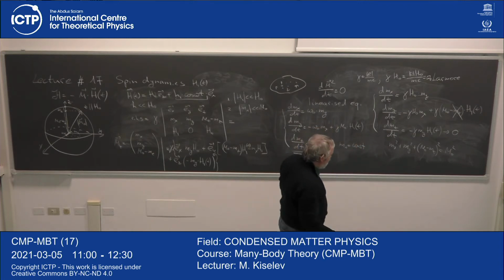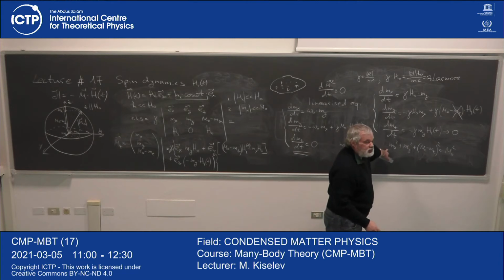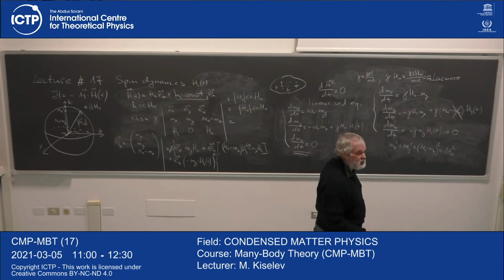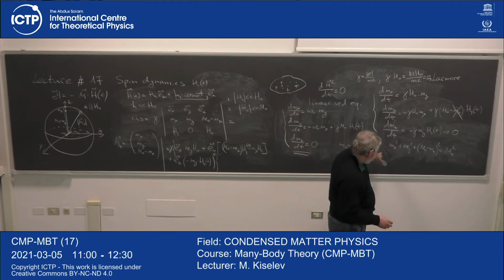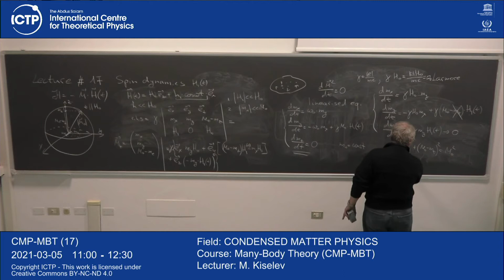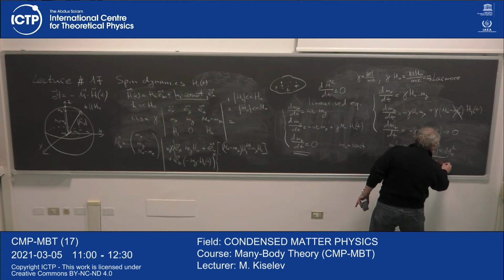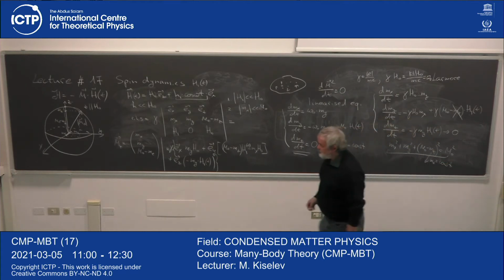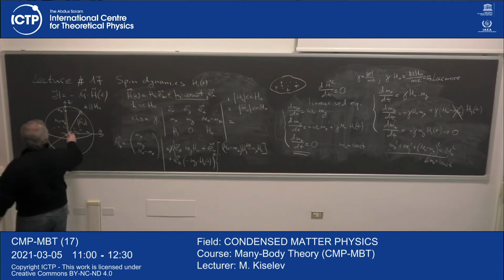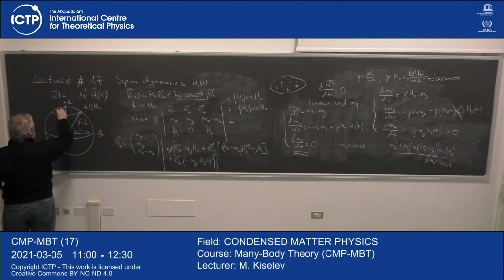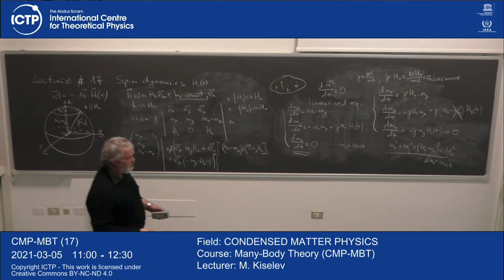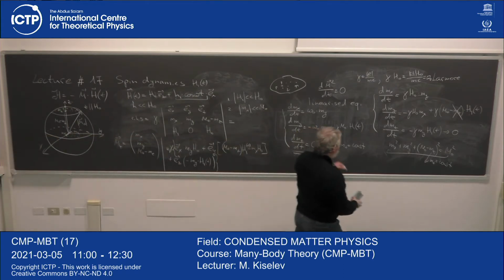In principle, from here, you get that mz, being constant, is a function of mx and my, and this equation, under the condition that mz is constant, defines some trajectory on the sphere. We will see that this trajectory is just a circle in a few minutes. So, trajectory.